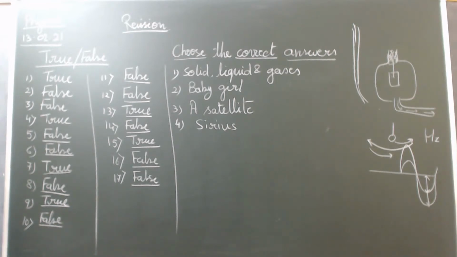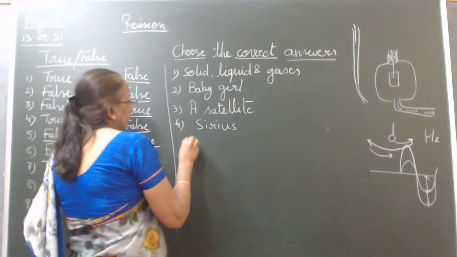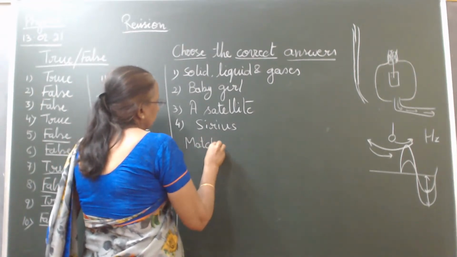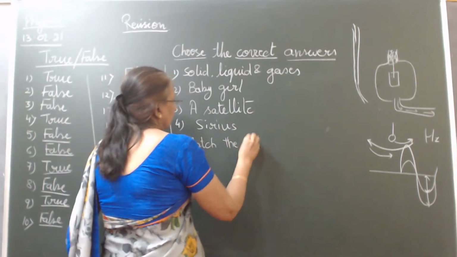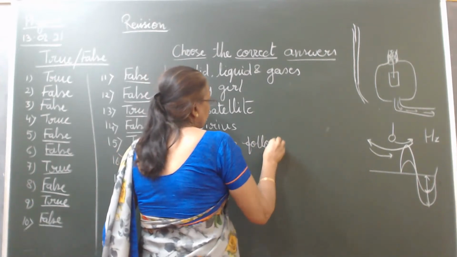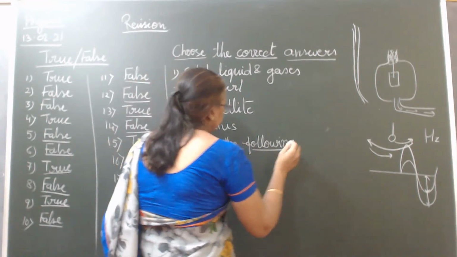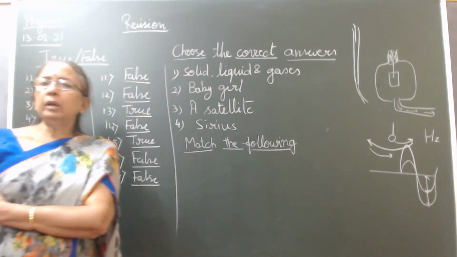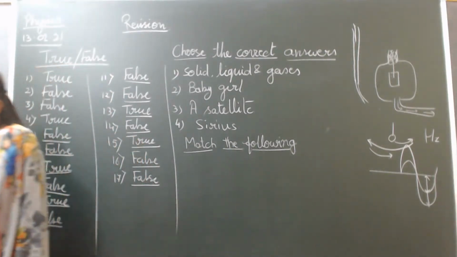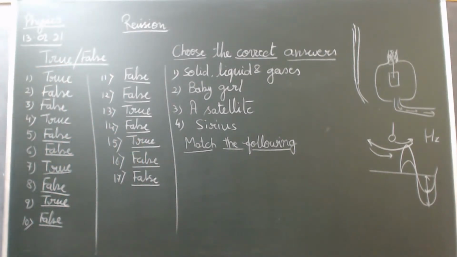Now, after that, match the following. Match the following is in only one lesson, that is solar system. Inner planets: the word is related to Earth and Mars.